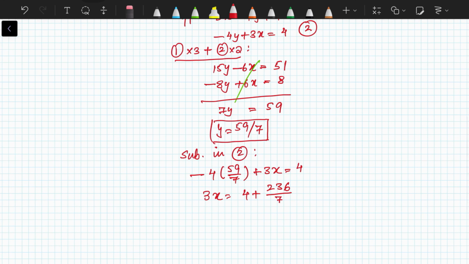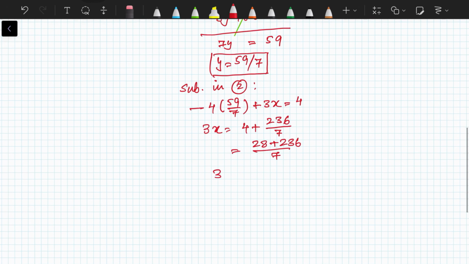7. If you are substituting, then multiply 4 and 59. So 50 times 4 is 200, 9 times 4, 36. So this is something like this. And the next part is LCM is again 7. So this is going to be 28 plus 236.